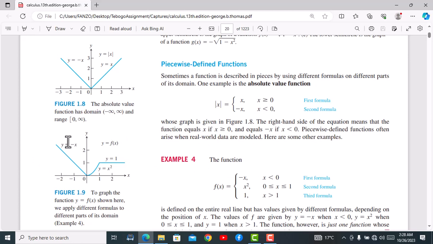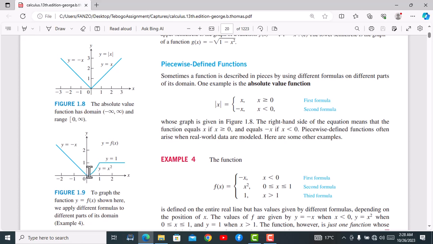So first of all, y equals minus x for values that are less than 0. Nothing new with this, same as that. Then secondly, we can define this graph from 0 until this point where x is 1 and y is 1.